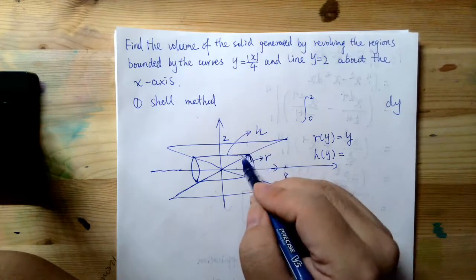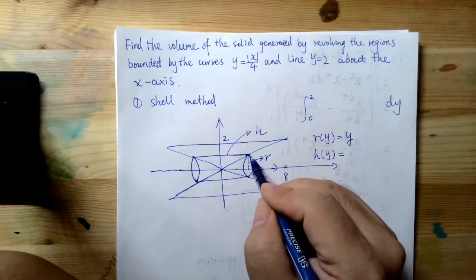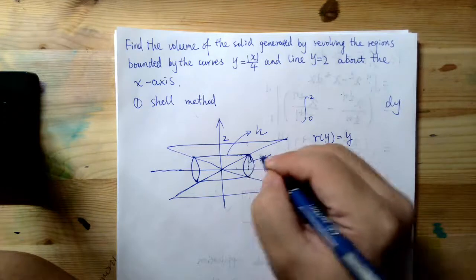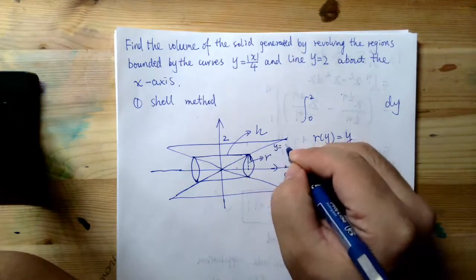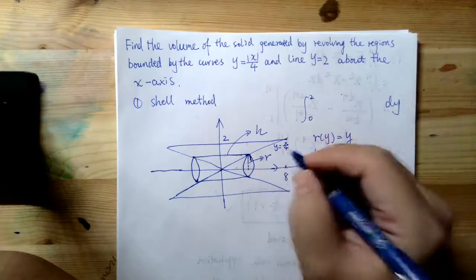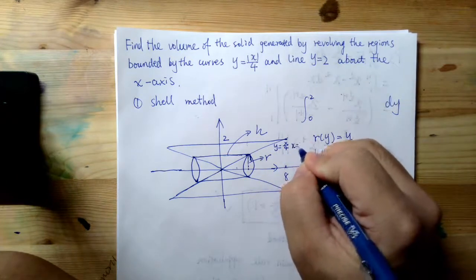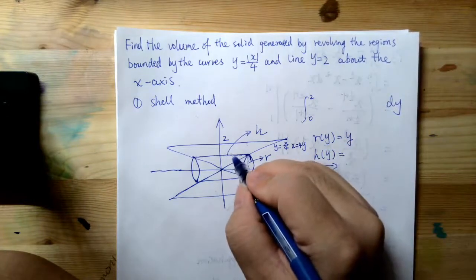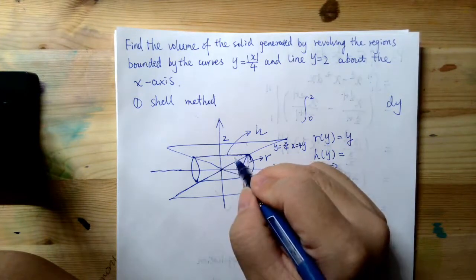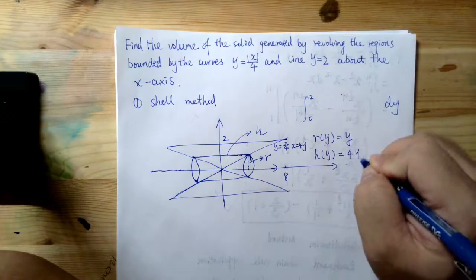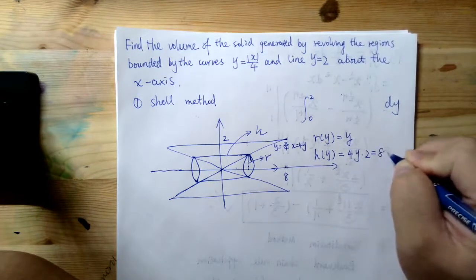So we need to solve x in terms of y for this part, which is y equals x over 4, right? Because positive. So it turns out x equals 4y. So the height is going to be 2 times 4y, which is 8y.